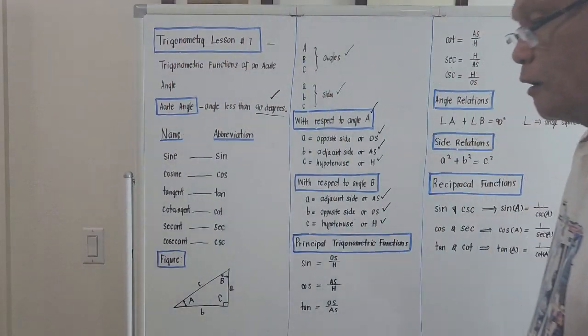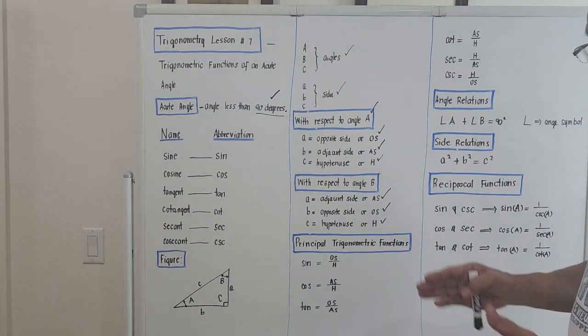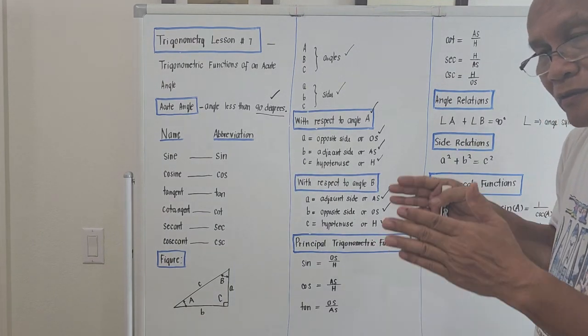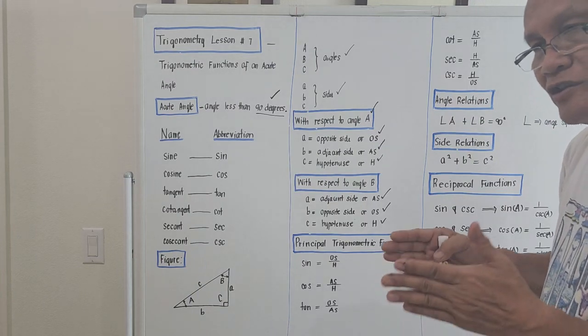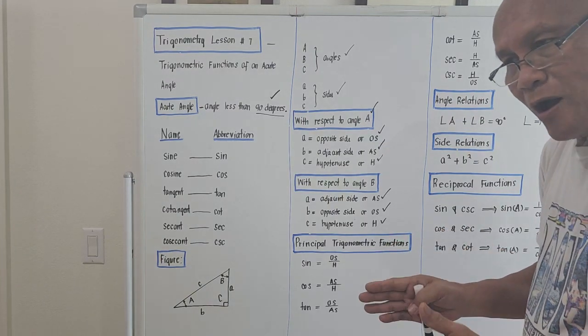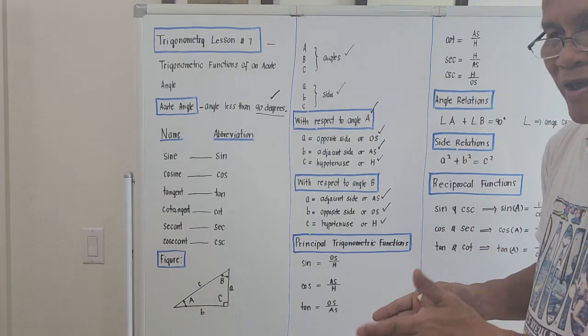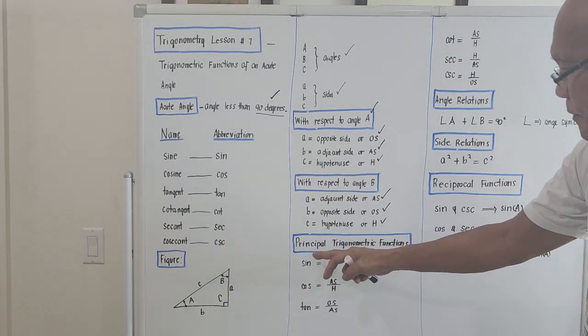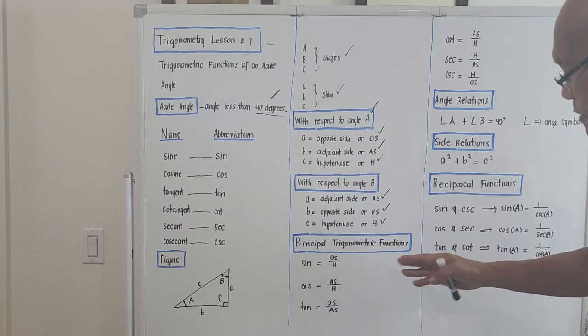Let's try to bring out the basic foundation of the definition of trigonometric functions. This is very important. Many students don't know, I don't know why they can't remember this one. Principal trigonometric functions.